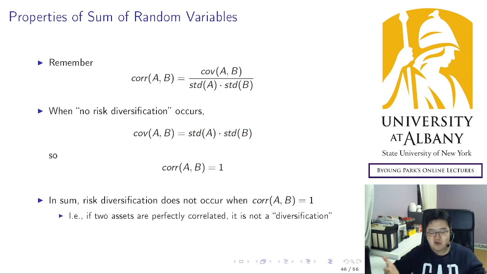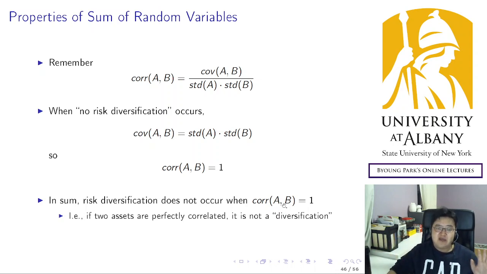For example, if I buy one stock of Apple, to diversify, I have to buy another stock, right? But if I buy more stocks from Apple, then it does not diversify the risk, right? If you buy another stock with correlation of 1, then risk does not go away.